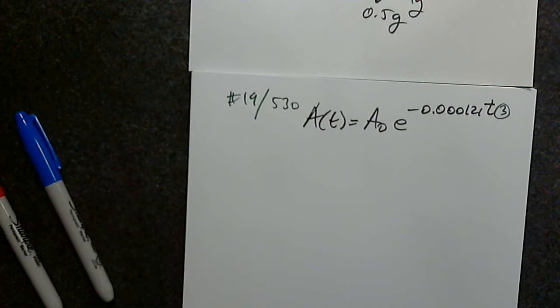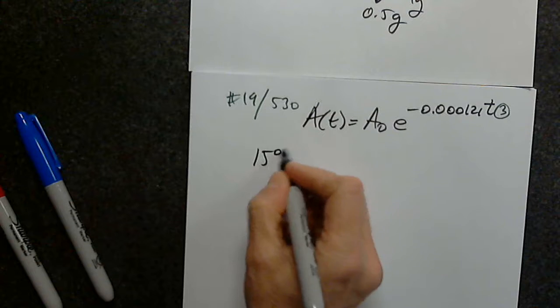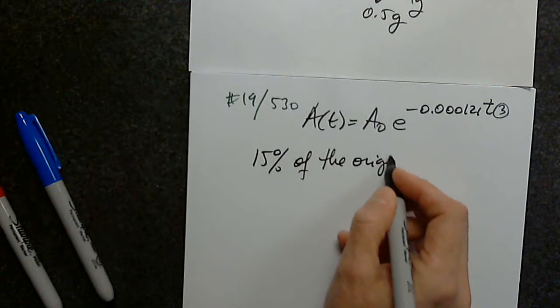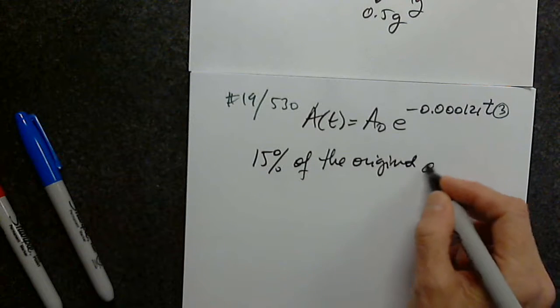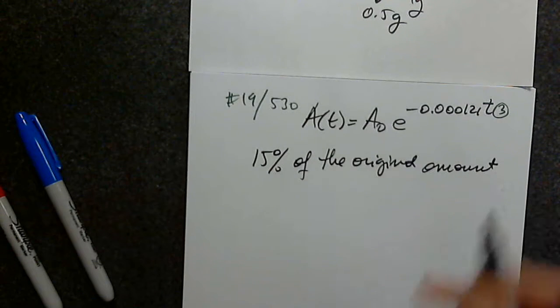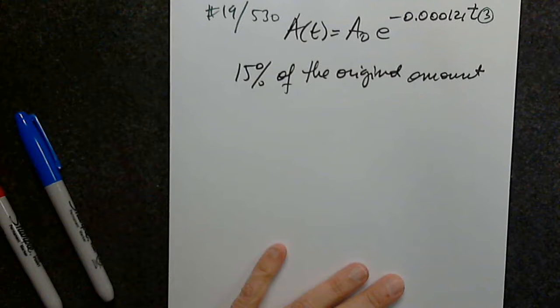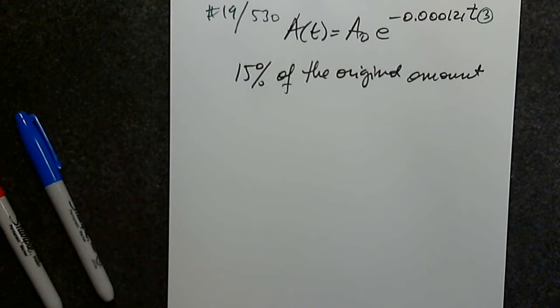The paint contained 15% of the original amount. So they were painted a long time ago. They were discovered, and somehow they measured the amount of carbon-14 existing today in those paintings.